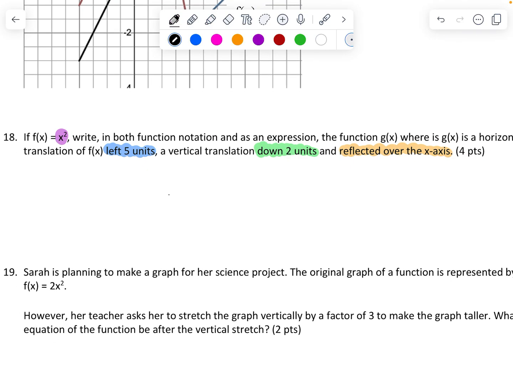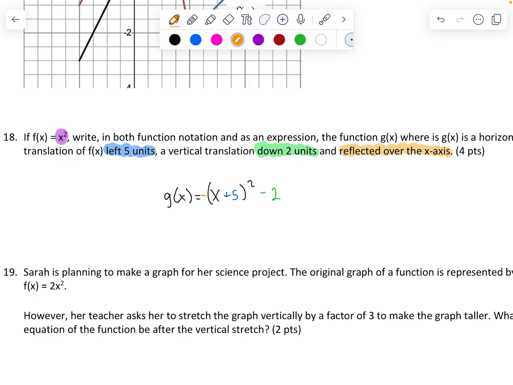We'll call it g of x is equal to, since it's going left, that has to go inside the parentheses that we don't have yet because the original problem doesn't have it. But going left is x, and then plus 5 to go left, squared. Down 2 is a minus 2 at the end, and reflected over the x-axis is putting a negative in front right here.